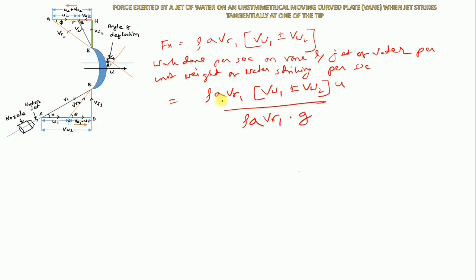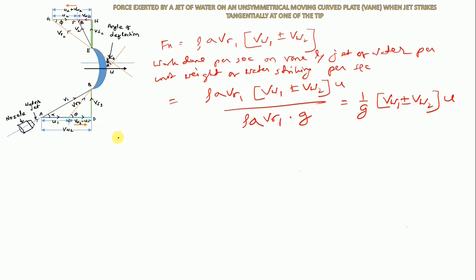So rho a and Vr1 will be cancelled, so it is equal to 1 by g, Vw1 plus minus Vw2 into u. This is the final formula for work done per second on the vane by the jet of water per unit weight of water striking per second.